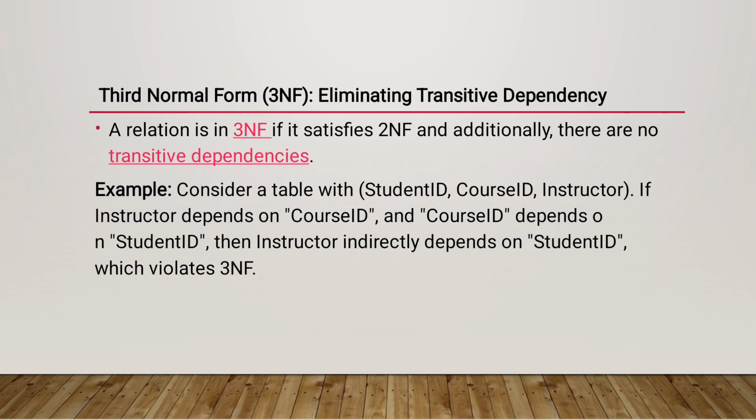Example, consider a table with student ID, course ID, instructor. The instructor depends on the course ID. That is, it is a transitive dependency.